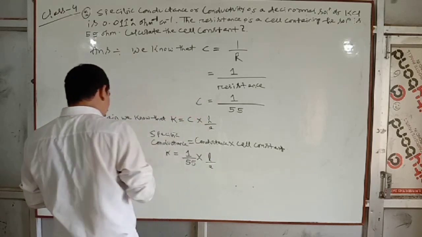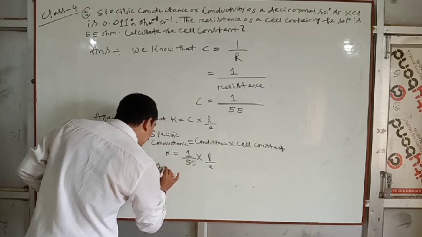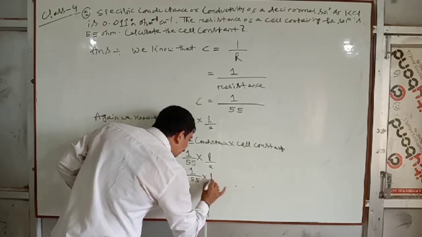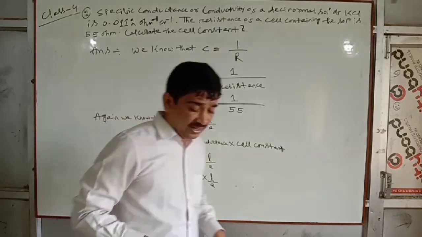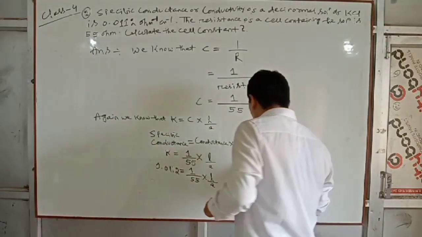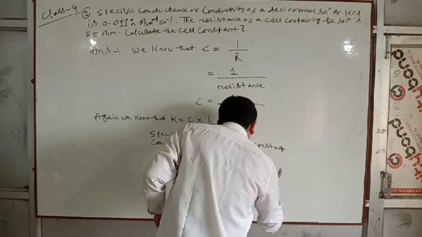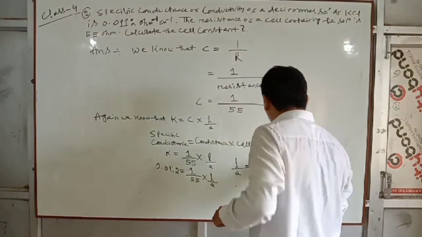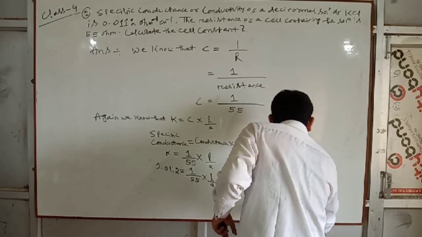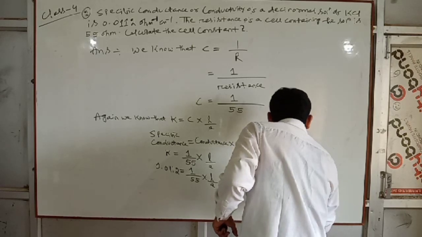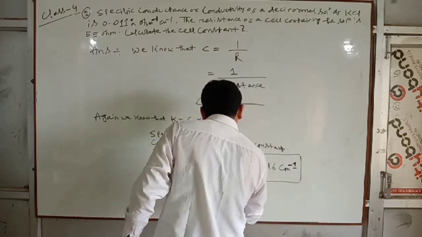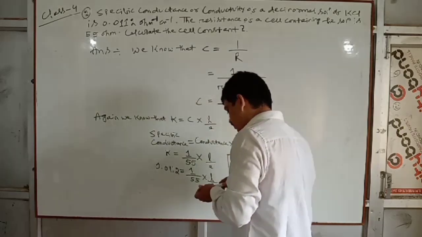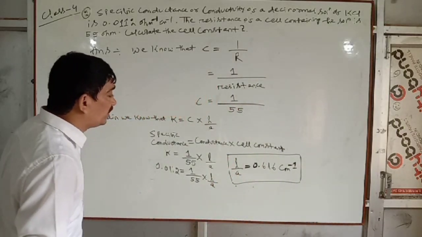Given kappa equal to 0.0112, divided by 1 by 55 into L by A. We have to calculate L by A. So L by A equal to 0.616 centimeter inverse.